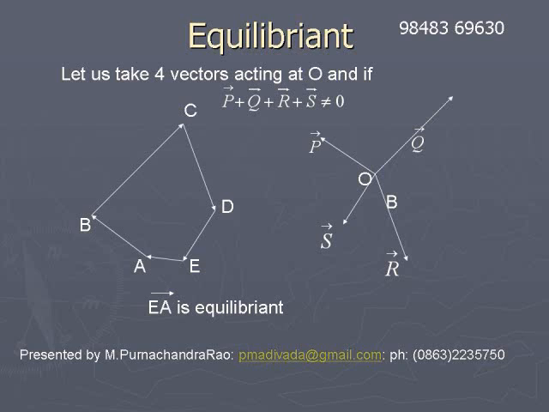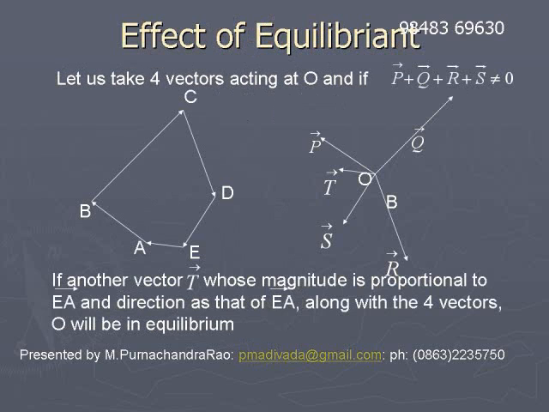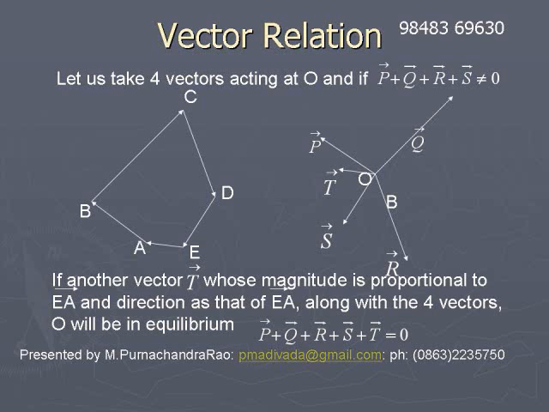That means by applying EA bar represented by T bar along with the other vectors, then O will be in equilibrium. If P bar, Q bar, R bar, S bar are forces, then the particle O will be in equilibrium only after applying T bar.